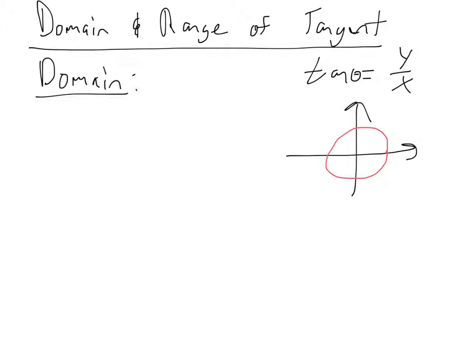So where is x 0? What values of theta is x 0? Well, it starts off at 1, then it goes to 0 at what angle? 90 degrees, pi over 2. And then it gets back to 0 at 270, which is 3 pi over 2.